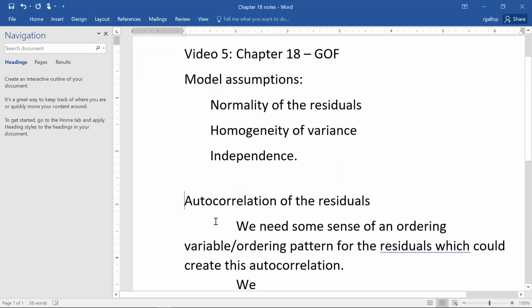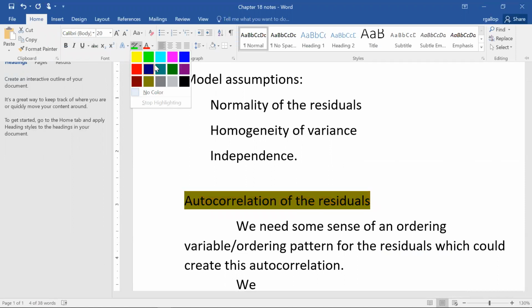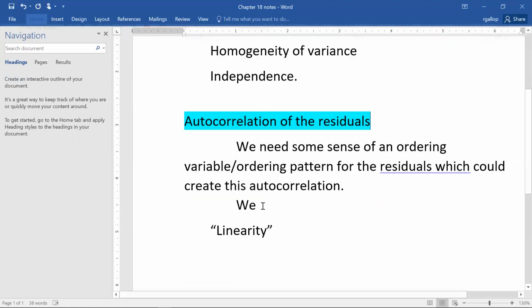Let me go ahead and flag this real quick. We need some sense of an ordering variable, an ordering pattern for the residuals, which could create this autocorrelation.